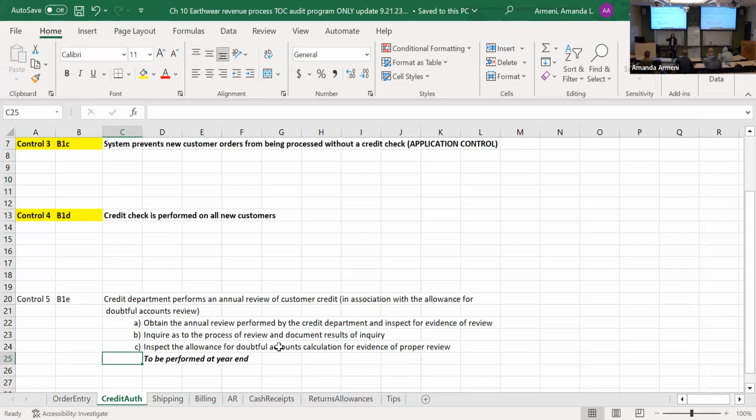If over the weekend your team is working on this or you've divvied it up, I highly recommend that even if you divvy up, you come together to make final revisions, because I'm also going to be looking for consistency in how you create these audit steps. If your team has questions, the first thing you should do is look at the assignment description, because everything I just said is in there.